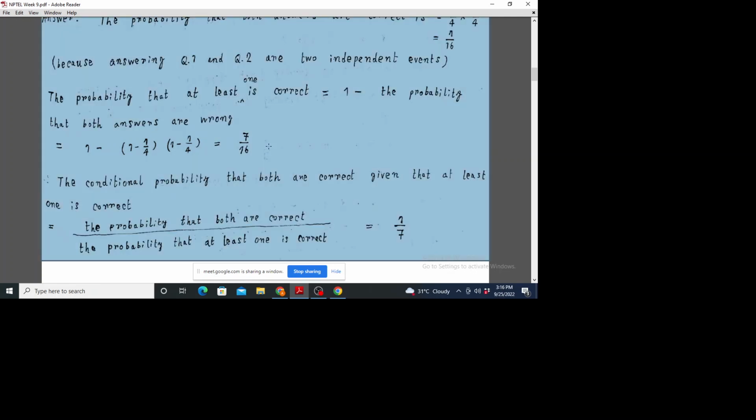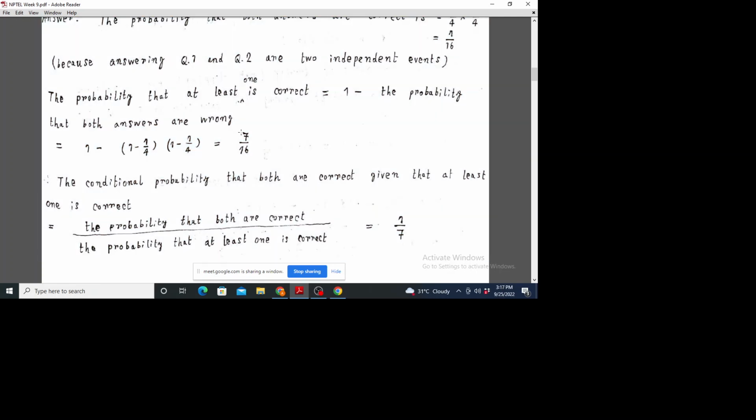So this is the probability of giving both answers wrongly. Then the probability that at least one is correct is 1 minus the probability that both answers are given wrongly, and that is why the answer is 7/16.